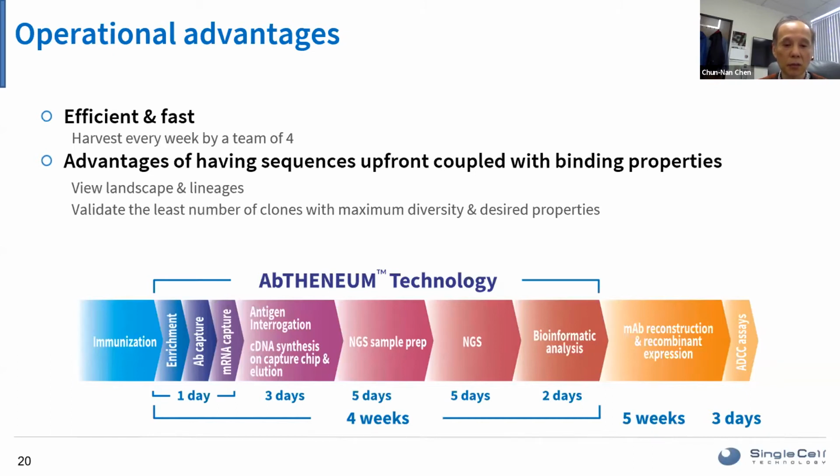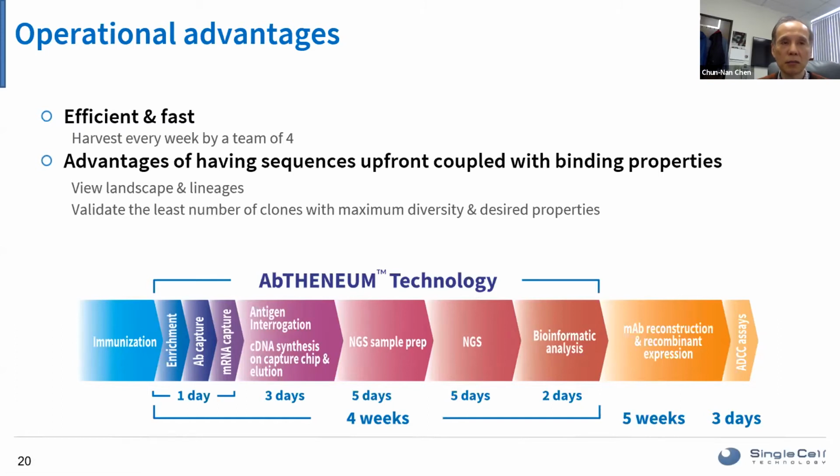And the rest of the week, we will split it into 2 workflows. On the one hand, you'll be interrogating with the fluorescently labeled antigen with some other screening molecules. On the other hand, we'll be doing cDNA synthesis in situ directly on the capture microarray, and then eluting that. Once you do that, the cDNA is stable. You can store it and look at the antigen interrogation results.